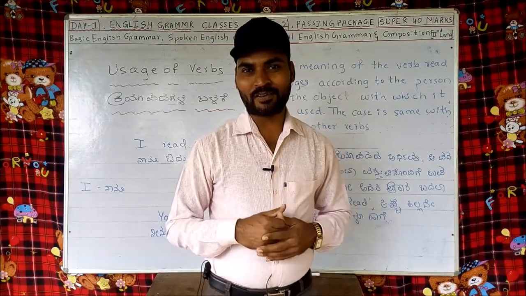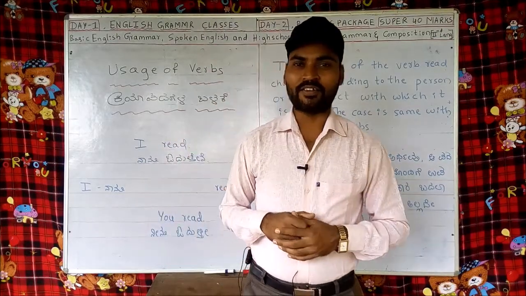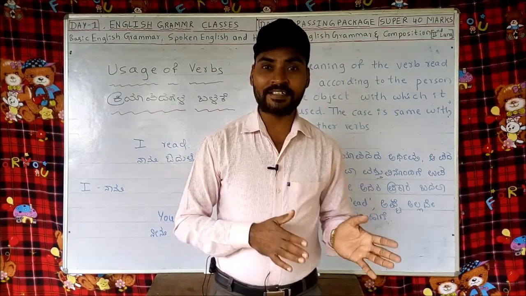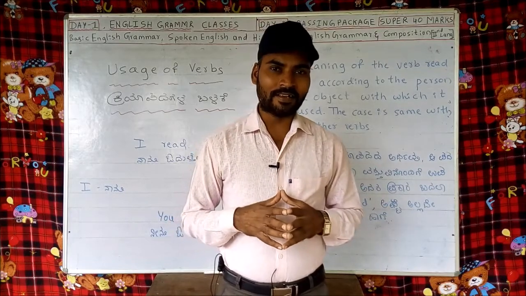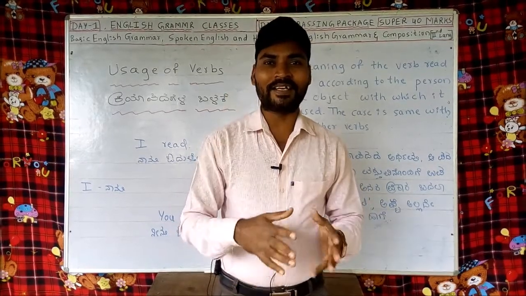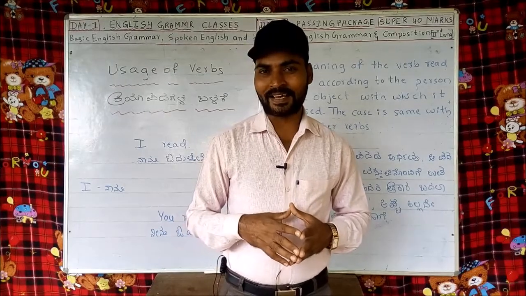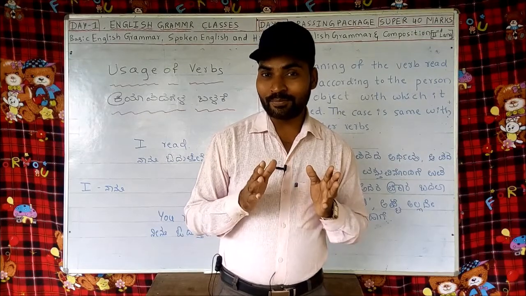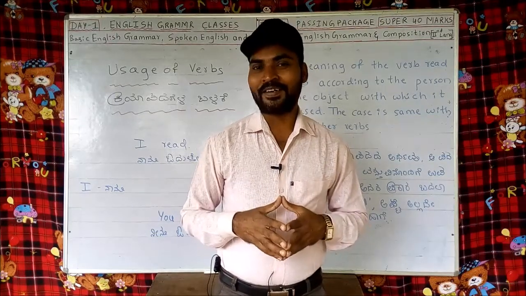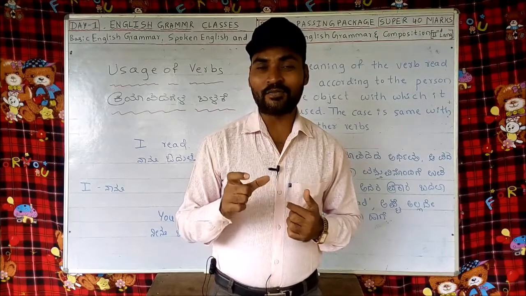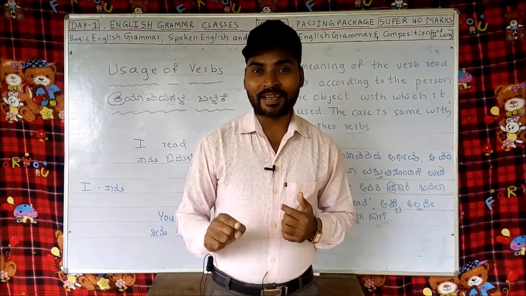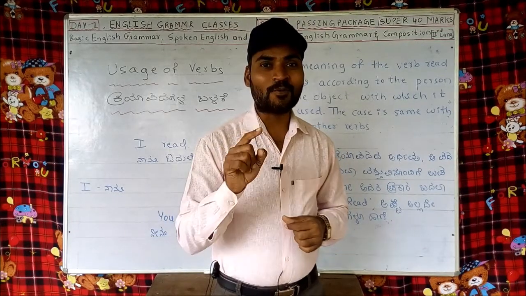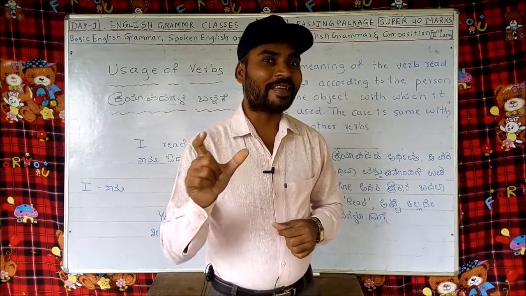Now let's take the example of the verb eat. I eat, we eat, you eat, he eats, she eats, it eats, they eat. Here, eat has remained the same in all these sentences except he, she, it eats. But the meaning hasn't remained the same. When I said I eat, the meaning of eat is tinnuttene. When I said we eat, the meaning of eat was tinnutteve.